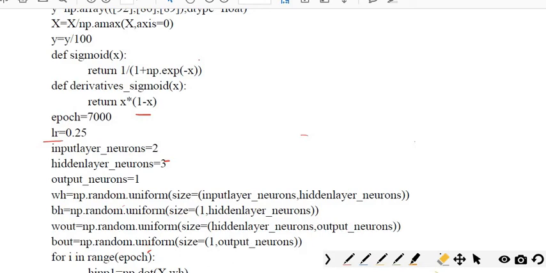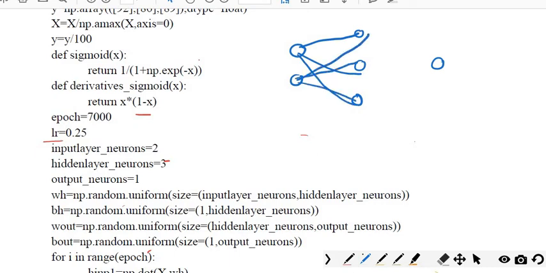Here we have considered 2 input neurons, 3 hidden neurons, and 1 output neuron. The neural network looks like this. It will be connected like this. Each of these neurons is connected with each other, making it a neural network.